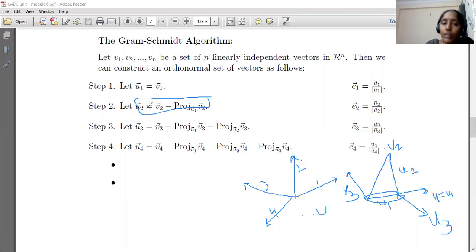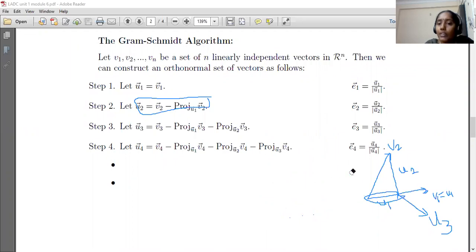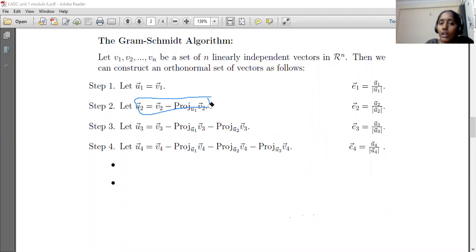After finding all these orthogonal vectors, we find the orthonormal vectors. For finding orthonormal vectors, simply divide each orthogonal vector by its length. That means U1 by modulus of U1, U2 by modulus of U2, U3 by modulus of U3 and so on. All these are orthonormal vectors.